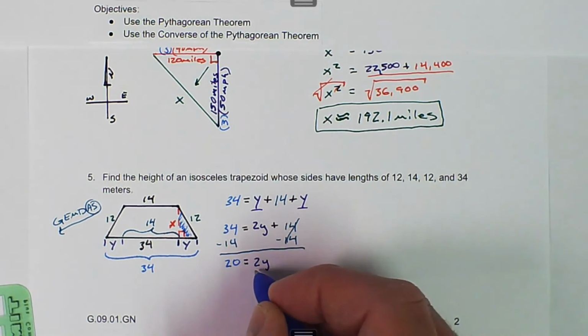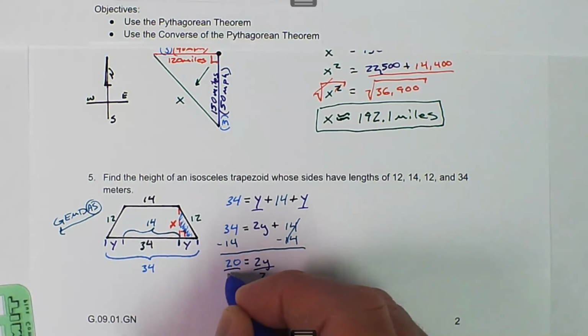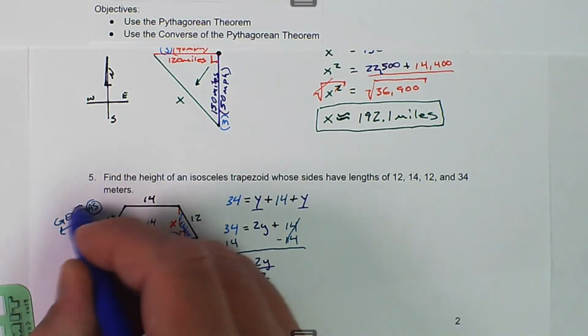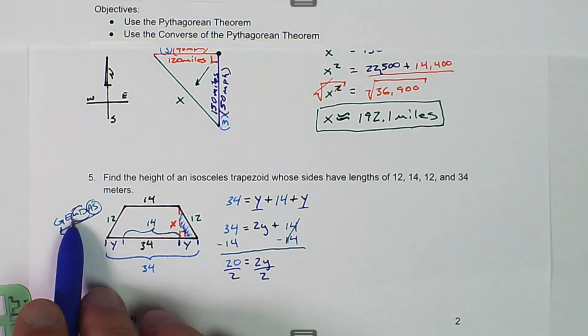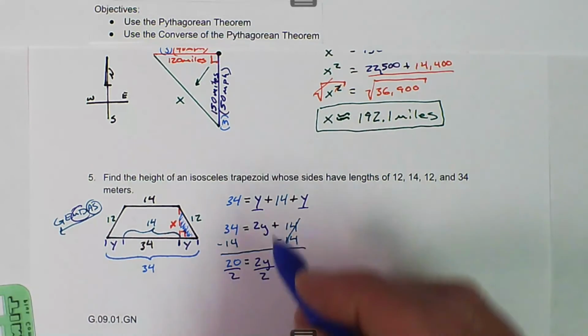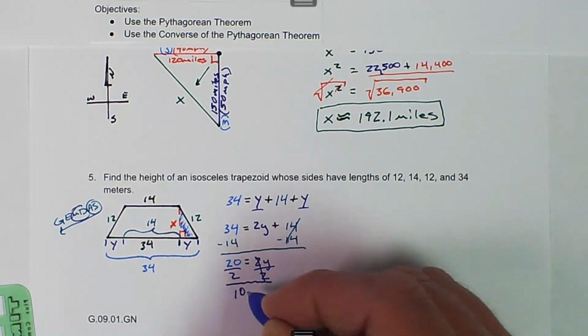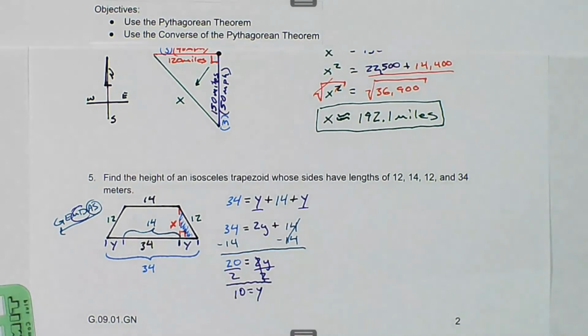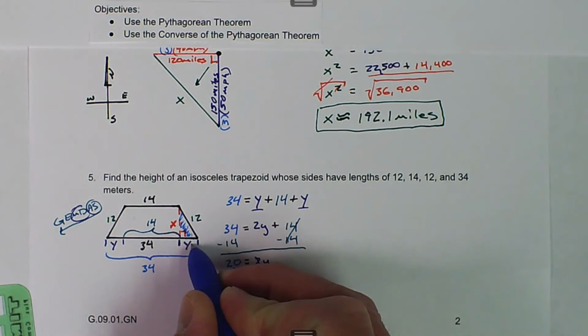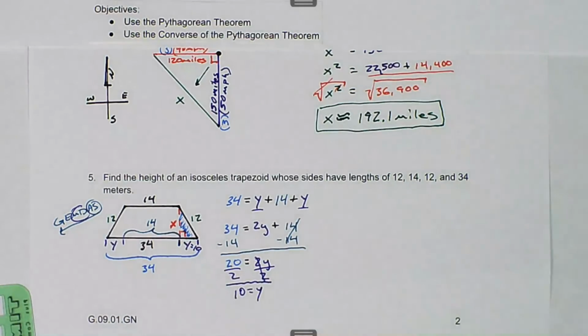Then we can divide both sides by 2, because the next thing in the list is multiplication, and the inverse of multiplication is division. So our 2's cancel, and then we're left with 10 is equal to y. So now we know our y value right here is equal to 10.